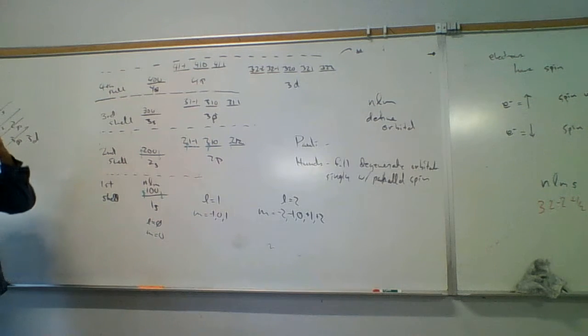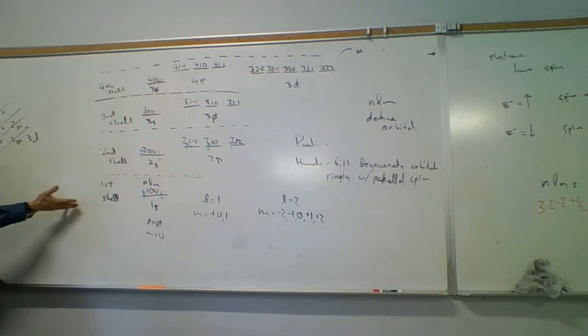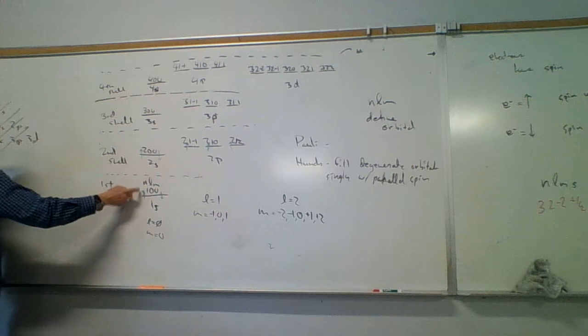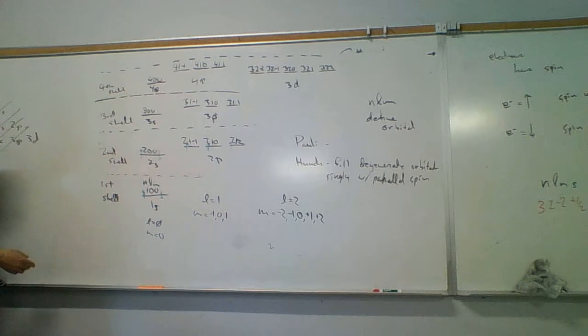That would be nitrogen. Now, this is the most descriptive way to represent it. Nitrogen has 7 electrons, and where are the electrons? These electrons are going to occupy these orbitals in the nitrogen atom. That's where the electrons are.